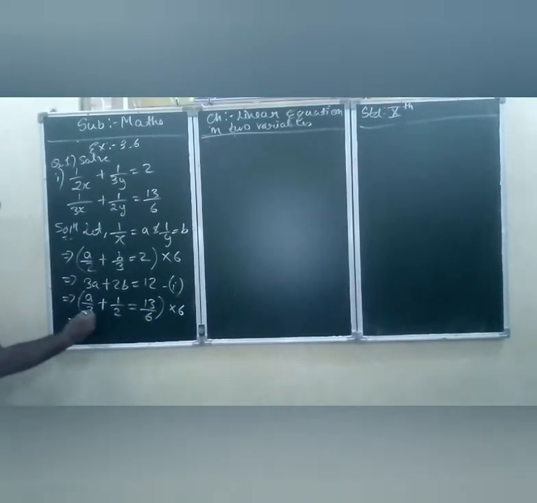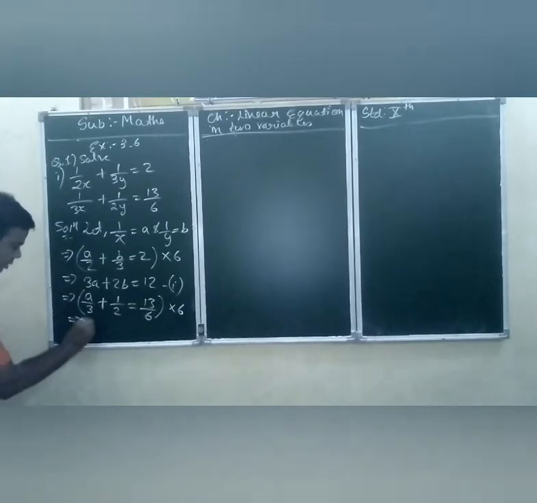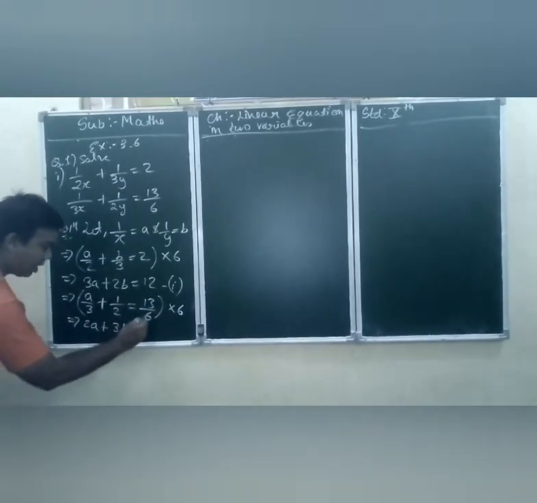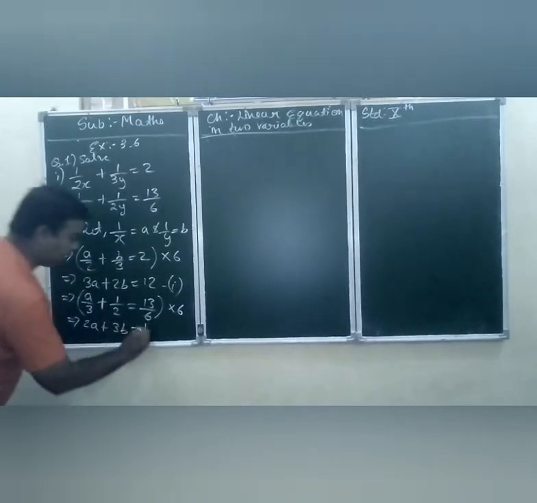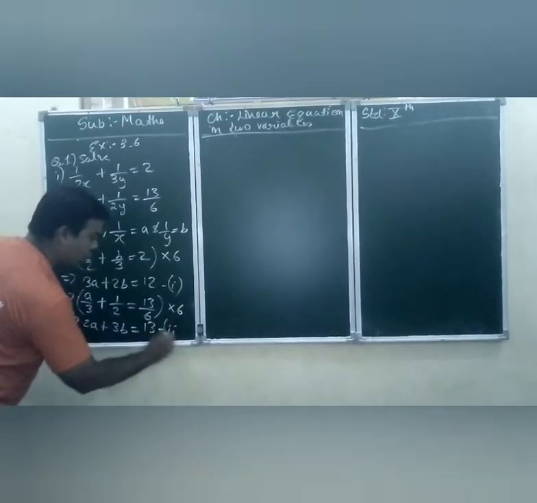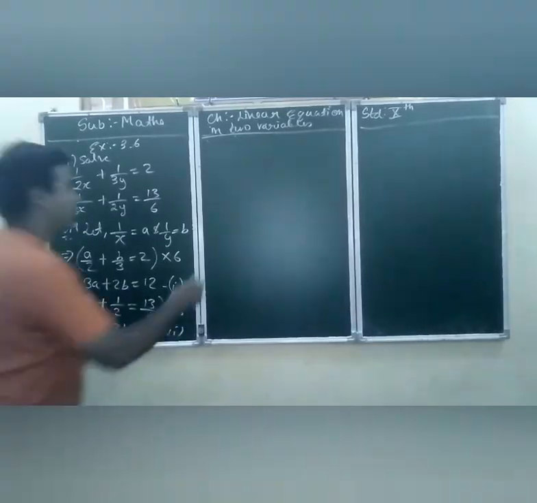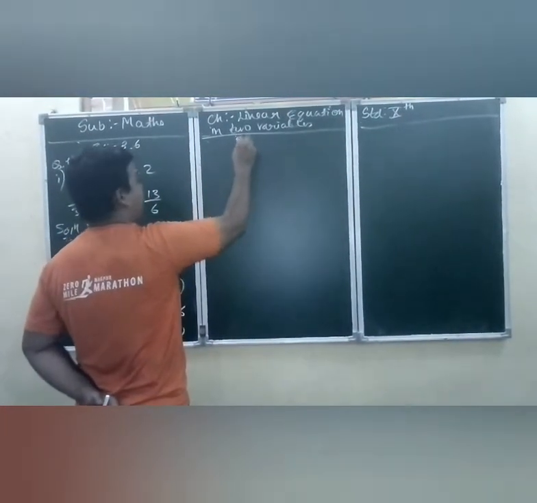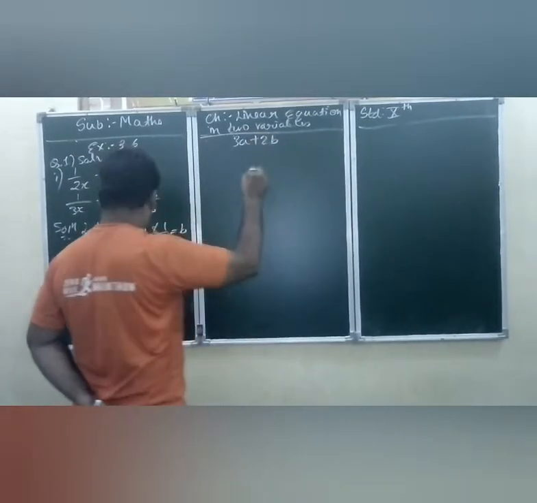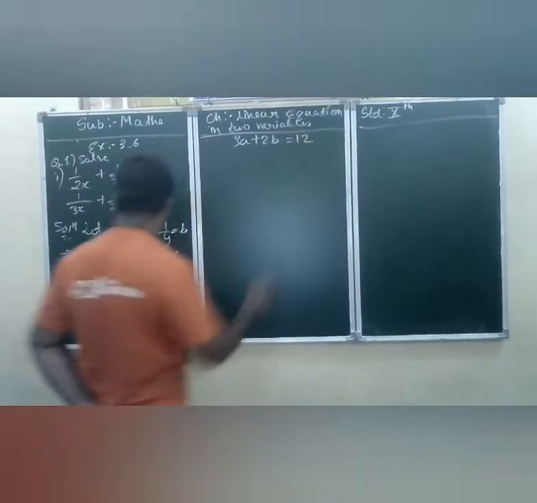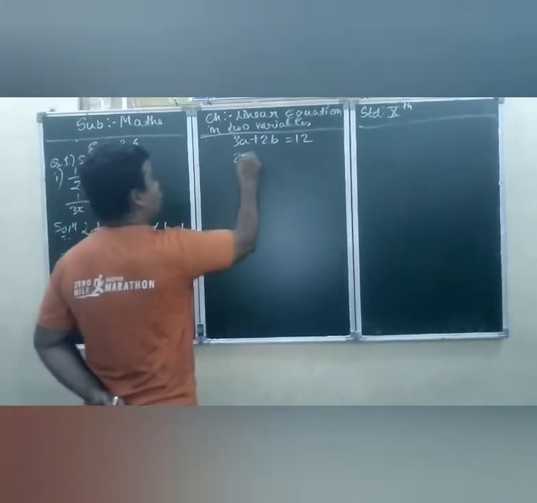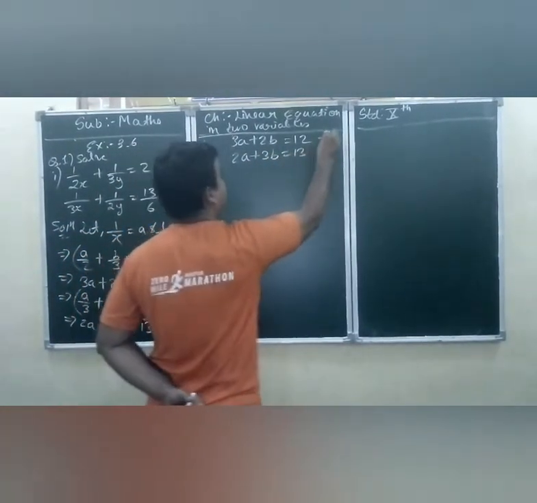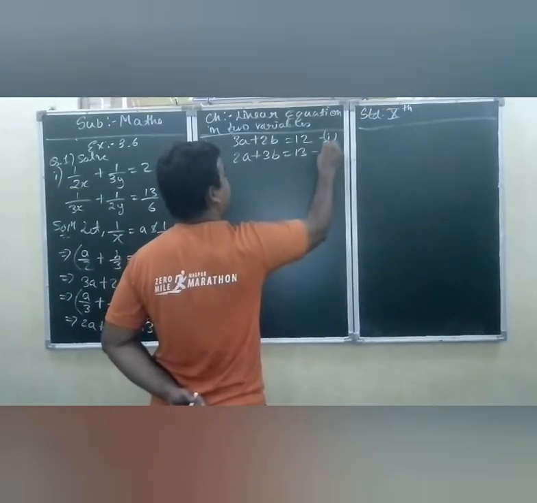So the equation is 2a + 3b = 13. So the first equation is 3a + 2b = 12 and the second equation is 2a + 3b = 13.